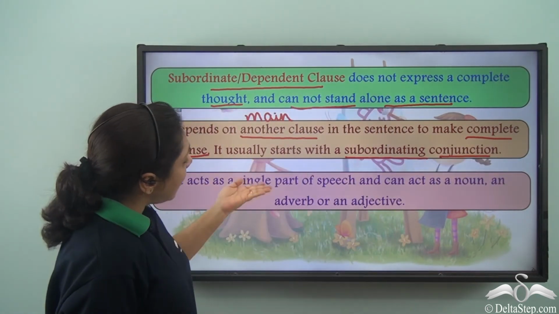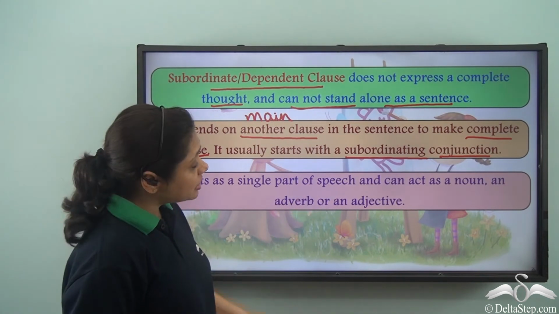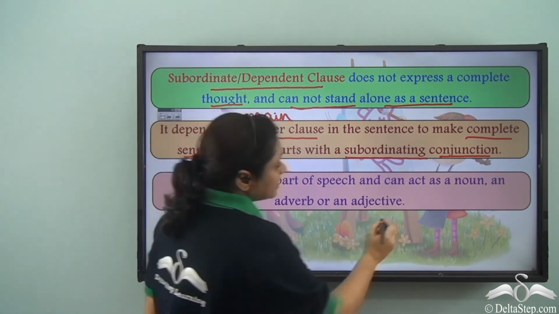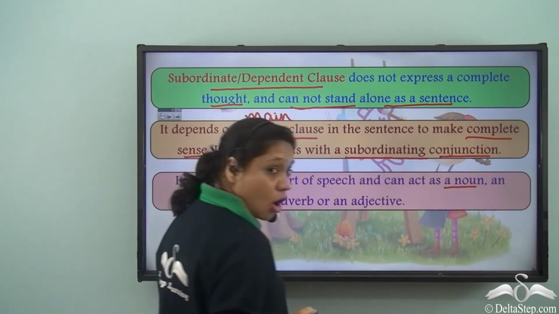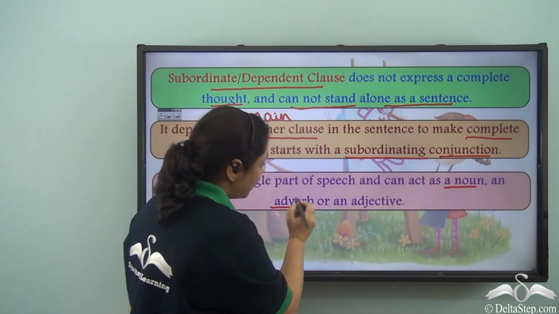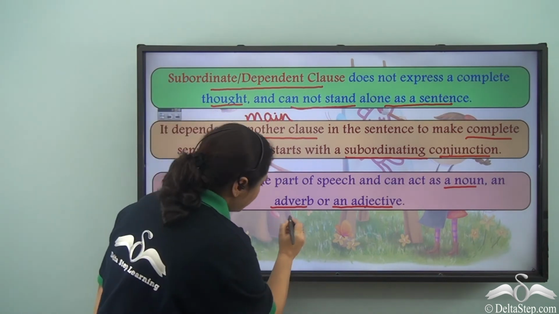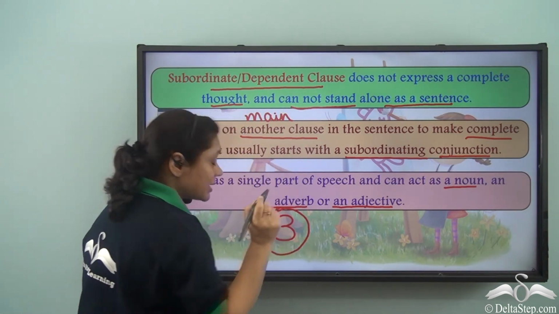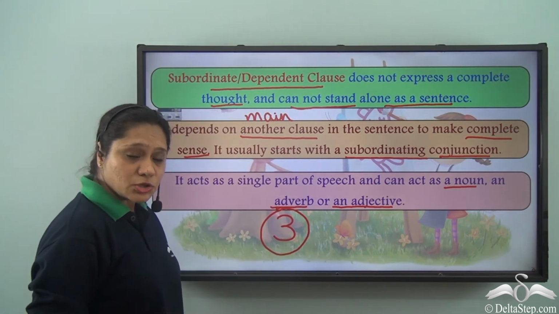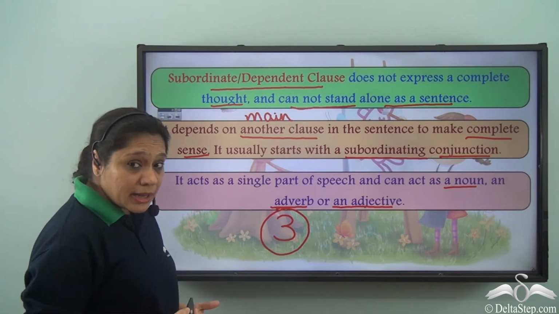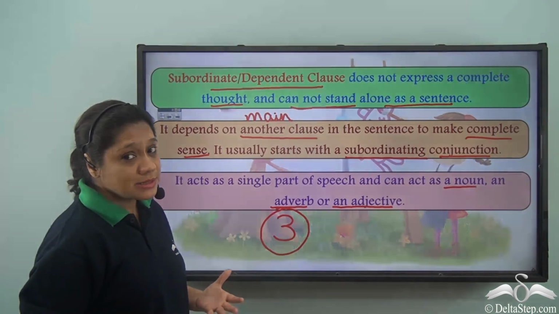It acts as a single part of speech and can act as a noun or an adverb or an adjective. So, there are three kinds of subordinate or dependent clauses depending on their role in the sentence.